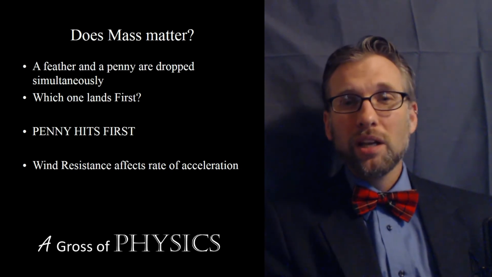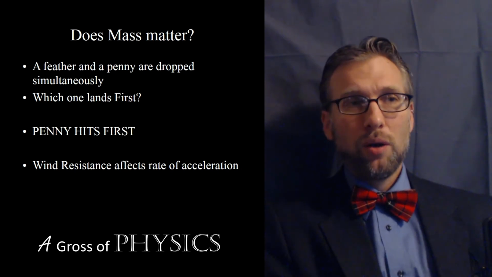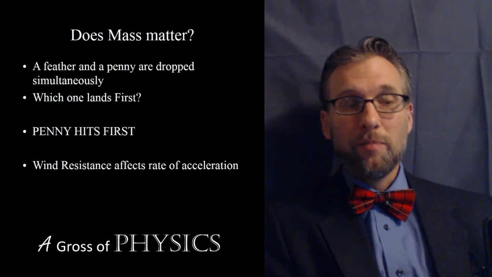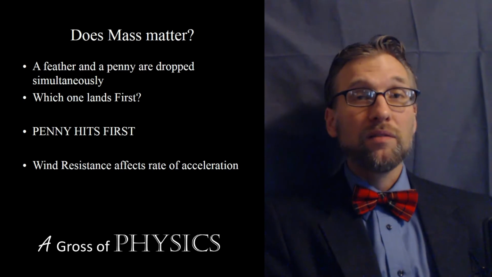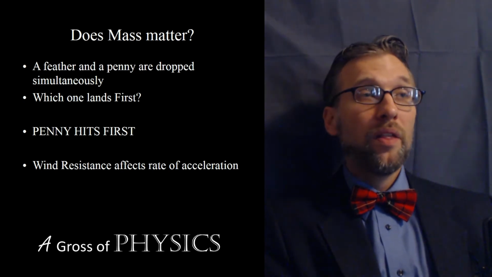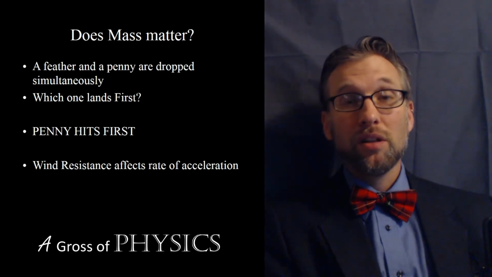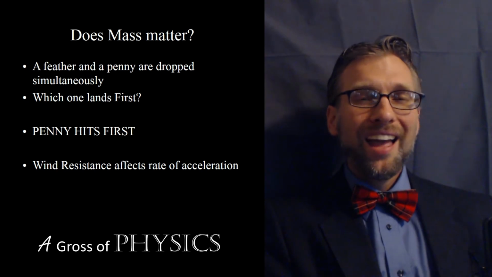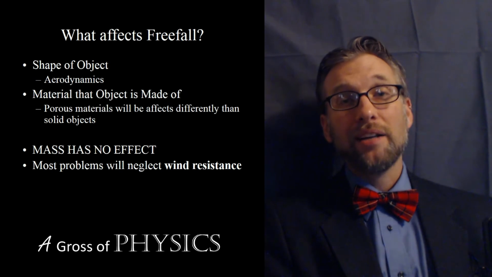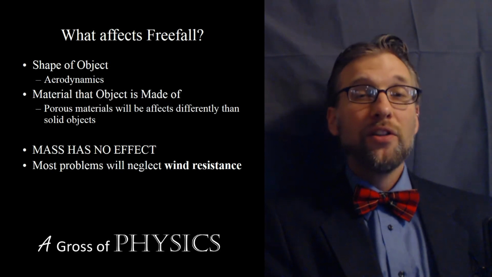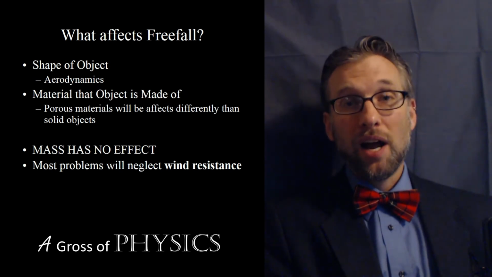Now, although the acceleration of gravity is the same for each, why would the piece of paper or feather drop differently than the marker versus the pen, or the marble versus the lacrosse ball? The reason is that there are other forces acting on the piece of paper that are not acting on the other objects.